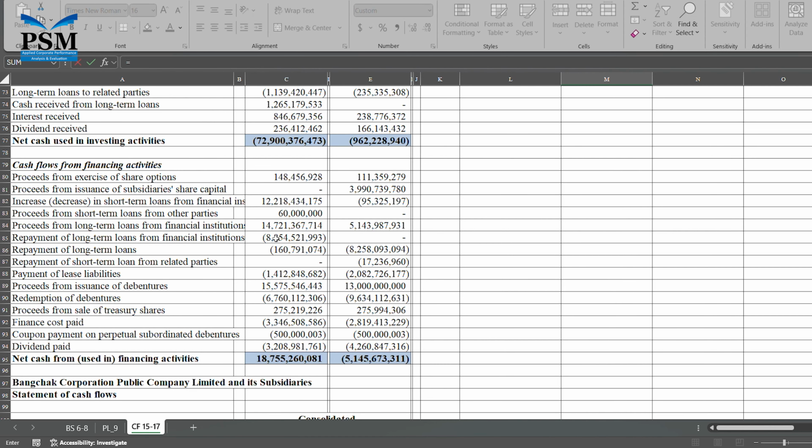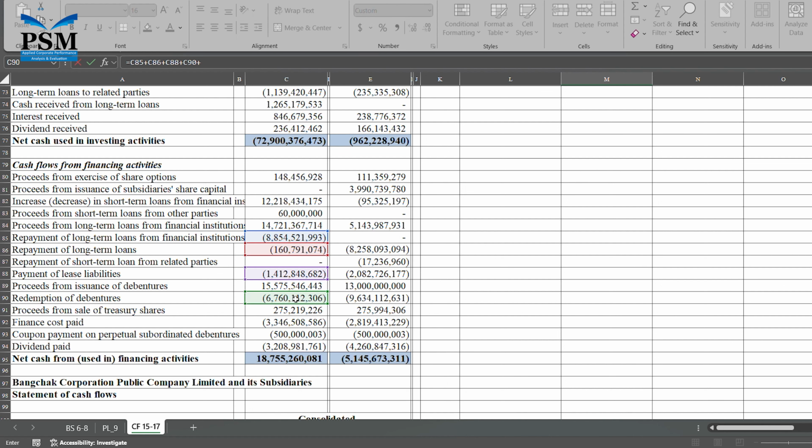The first item is on row 85, repayment of long-term loans. We take the number on row 85, and then we add that number on row 86, repayment of long-term loans, plus payment of lease liabilities, plus redemption of debentures.